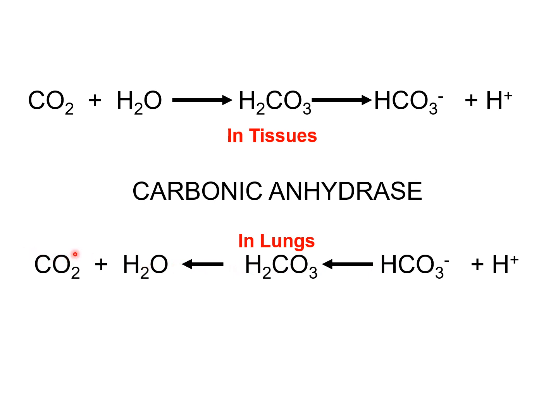So inside lungs, we are exhaling carbon dioxide that was recreated from bicarbonate through carbonic anhydrase. And so this is an essential enzyme that allows a large amount of carbon dioxide to be transported in the plasma in the form of bicarbonate, and allows the return of carbon dioxide from bicarbonate when the blood is circulating in the lungs.